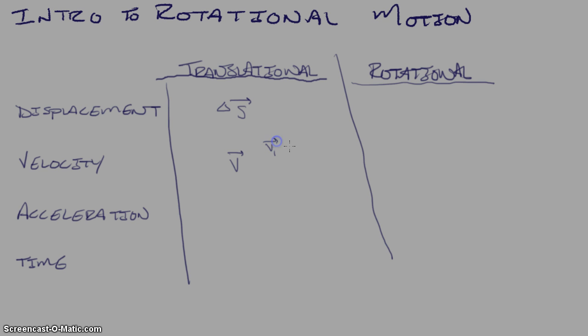There's V initial, V final, delta V, and average V. I just want to point out that there's not just one V. Just like up here, there's a final position and initial position. Those are all things related to displacement.